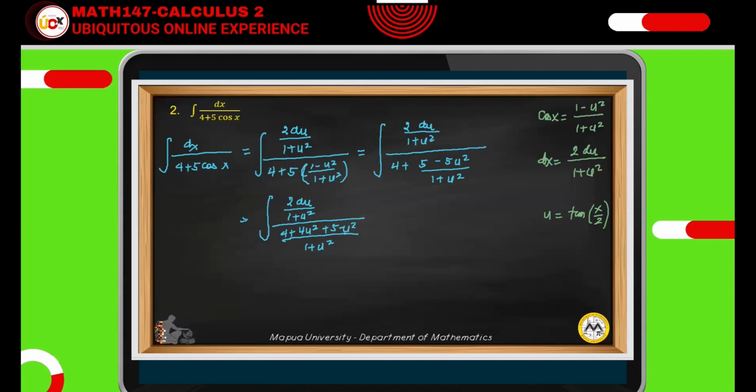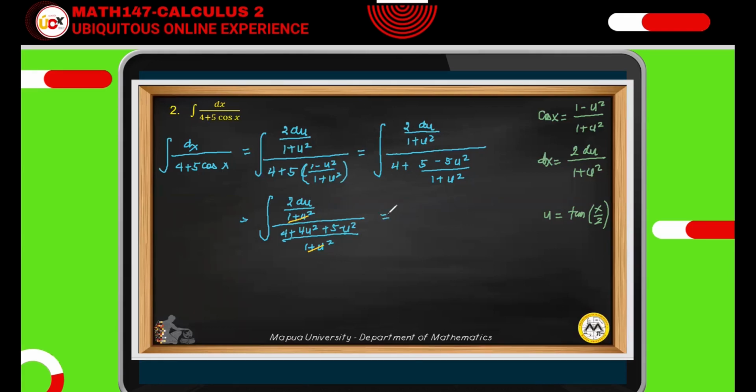So at this point, we can do cancellation. We can cancel the denominators 1 plus u squared. Please take note that if we divide the numerator by the denominator, we have to get the reciprocal of the denominator. So that means we can cancel the denominators.